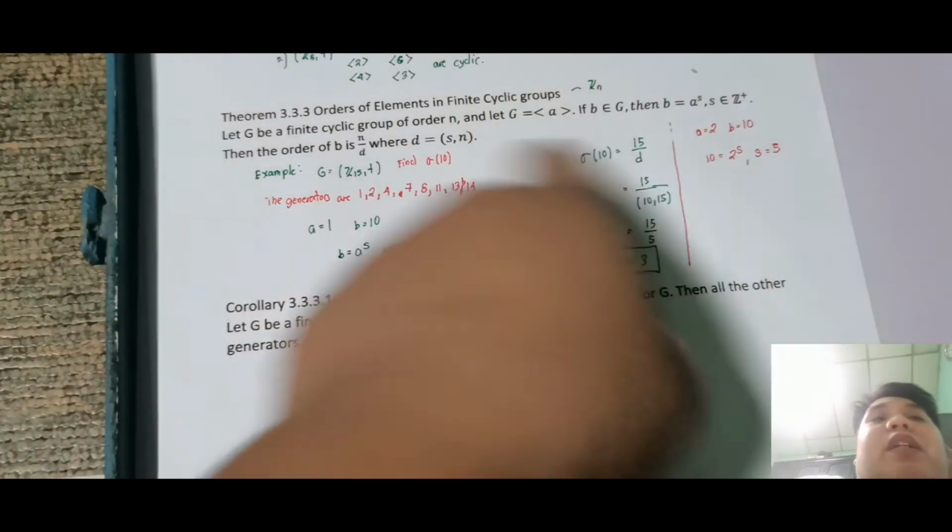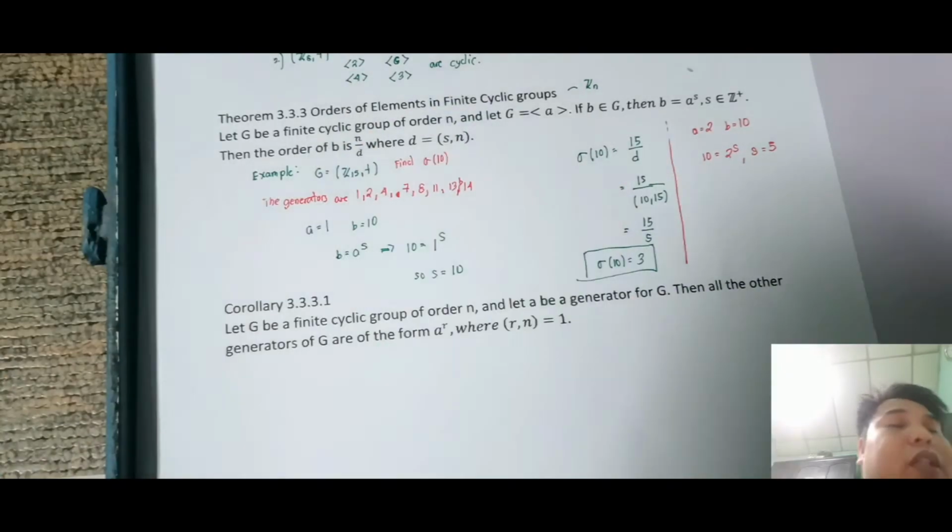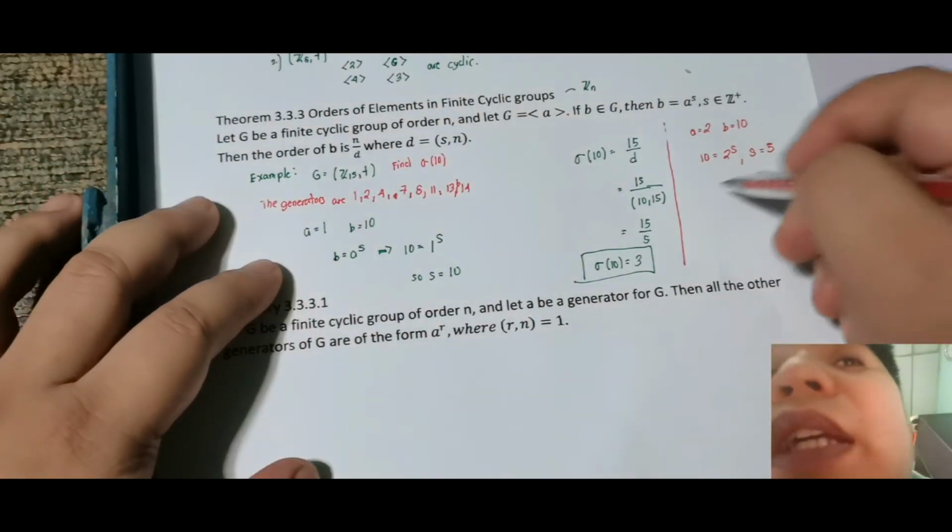So again, I used a different generator, assuming I did not use 1. So 2 raised to s, that is s is equal to 5. So the order of 10, let's check.